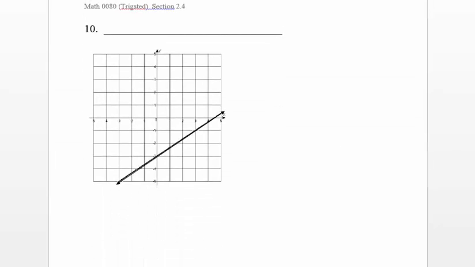Number 10, I have a y-intercept of negative 3. And I notice that the slope tells me how to move from one point to another, so I move 2 units up, then I have to go 1, 2, 3 units to the right to get back on the line.